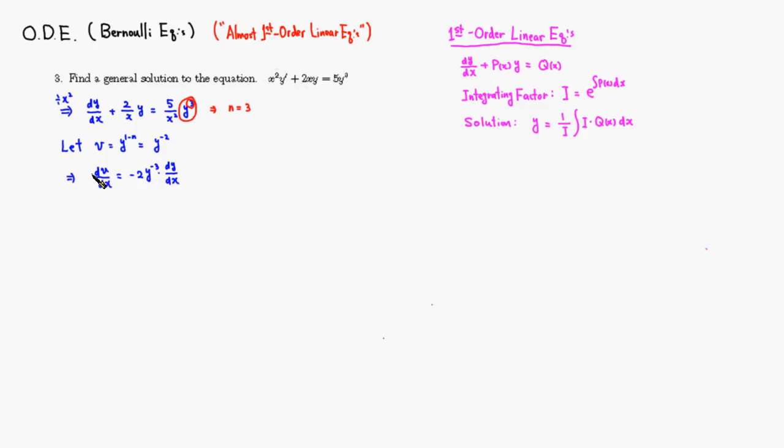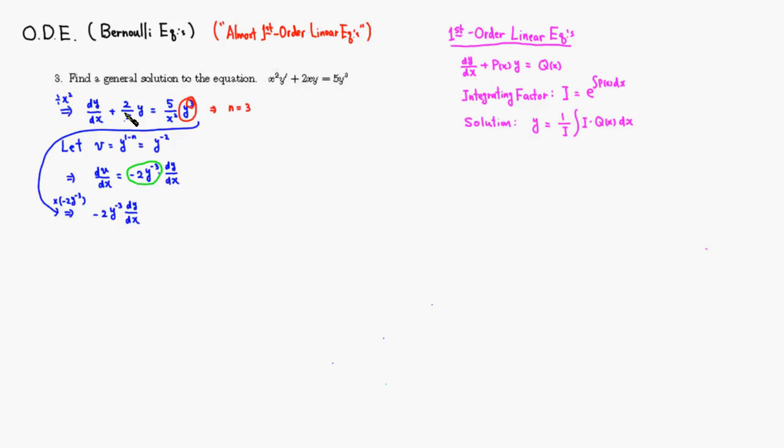So I'm going to take the original differential equation and multiply by this guy, negative 2 y to the negative 3, so that I can create dv over dx. First term times that, you have negative 2 y to the negative 3 dy over dx.